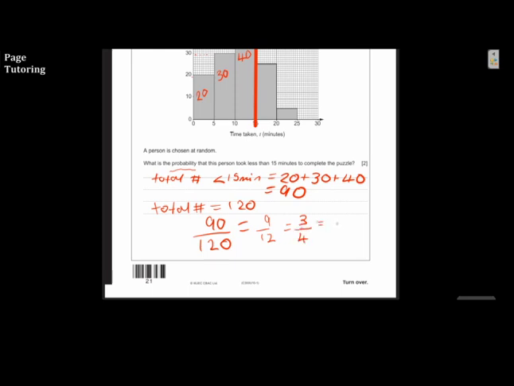To write this as a decimal, that would just be 0.75. At that point, you can stop. That's less than 1. That is your probability that if you pick a person at random from this group, that they would have finished in less than 15 minutes.